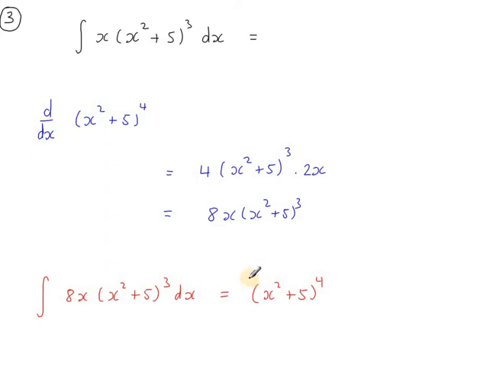We can multiply or divide. So if I divide both sides by 8, so if I divide by 8 on this side and divide by 8 on this side, these cancel. So now I'm integrating exactly what I've got here. These are the same. So here's the answer, plus c.